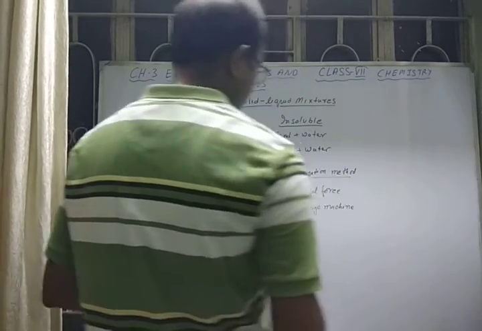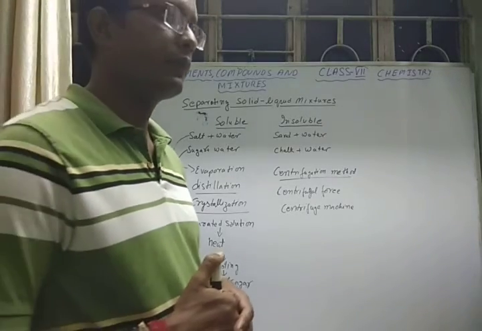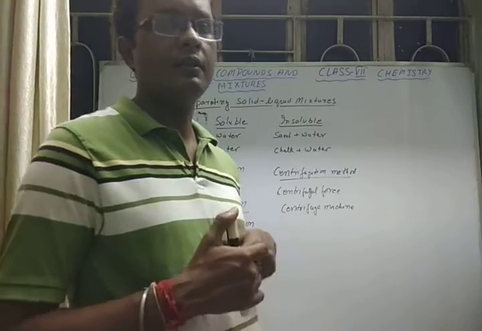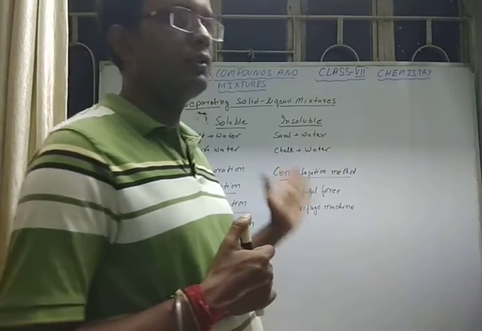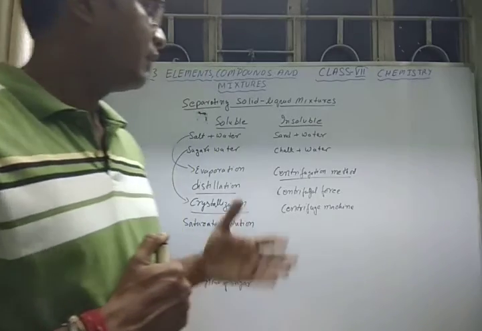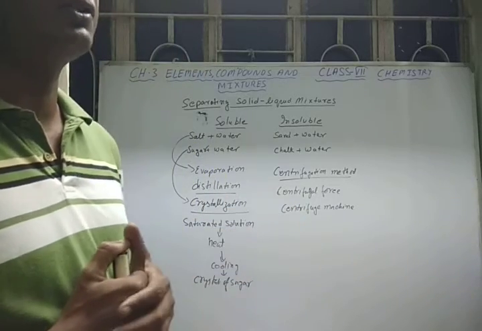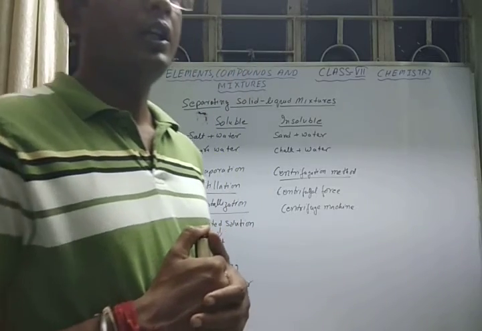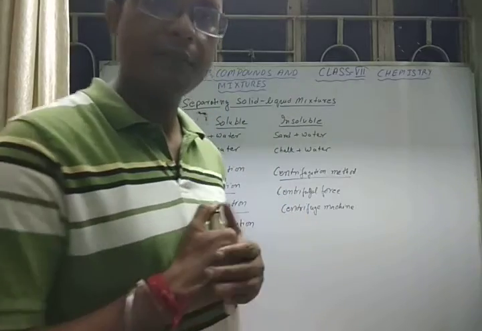Inside this centrifuge machine, we put the solution. Now the solution is churned or rotated at very high speed. When the solution is churned at very high speed, the insoluble solid components present in the solution, or sometimes the soluble components, if they are lighter, will float over the solvent.